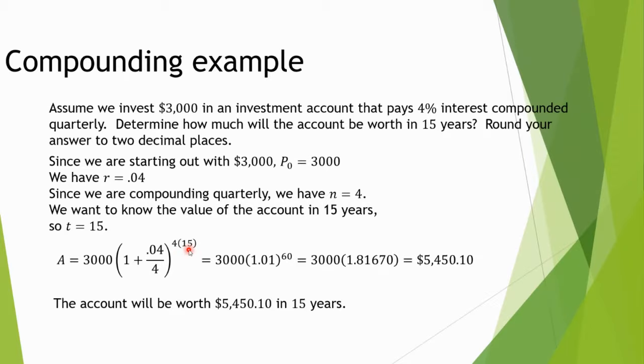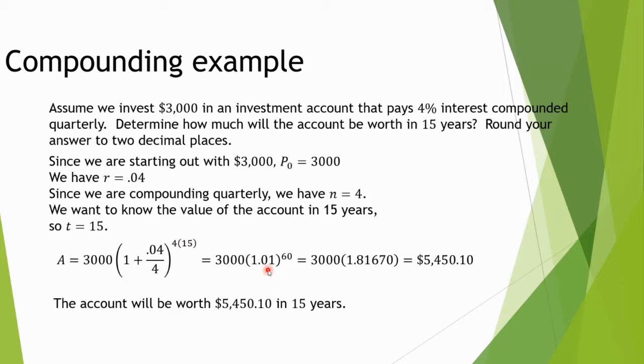Now, if you're going to do this in a calculator, which I would recommend, make sure you do the parentheses first, order of operations. So you would handle the parentheses first, divide and add to 1, then handle the exponent. 15 times 4 is 60.